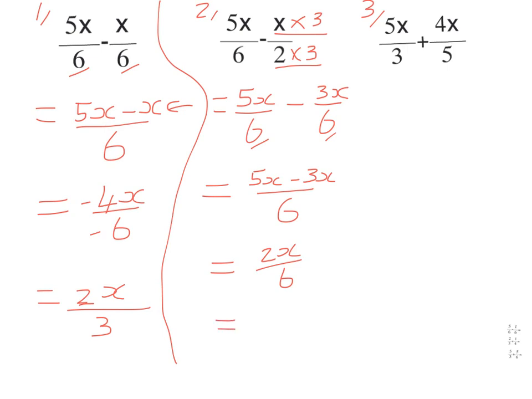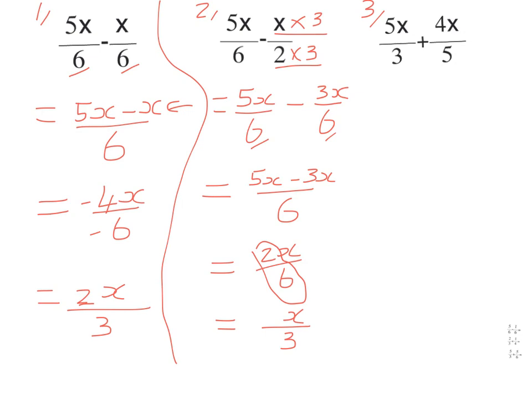There's nothing to cancel against the x, so it stays firmly on the top line, but 2 over 6 is the same as 1 over 3. Now I could put 1 there and 3 there, but I don't need the 1, so I rub it out. And I'll leave it like this.